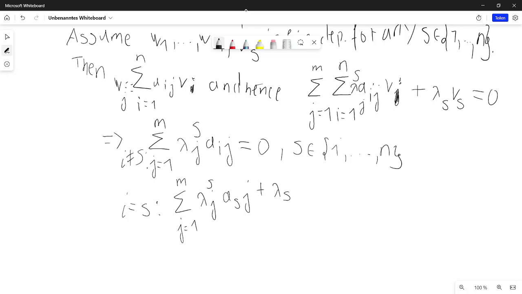But here is, okay, I know that's okay because it's all sums, right? So that is equal to 0. Alright, this of course gives this, so this is for i not equal to s, this is for i equal s.